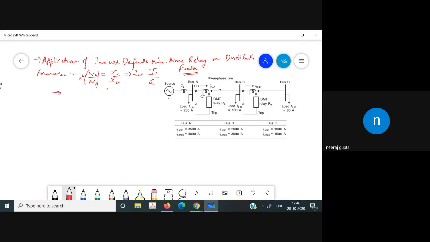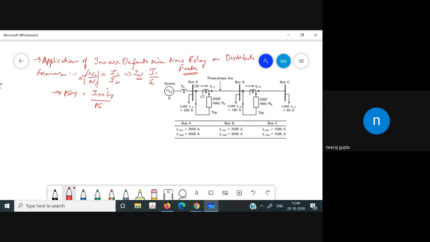This first formula is used. Then we have to use the formula of PSM that we have discussed in the previous lectures also. That is the I relay, that is the current across the relay, and then we have the plug setting. What is the setting of the particular relay?